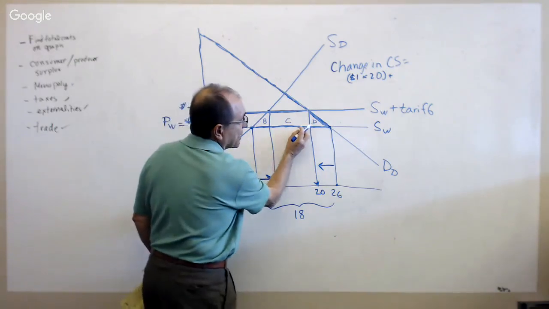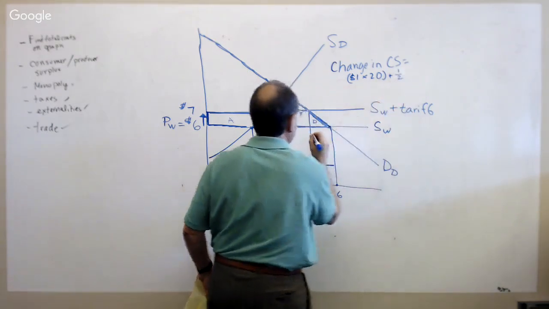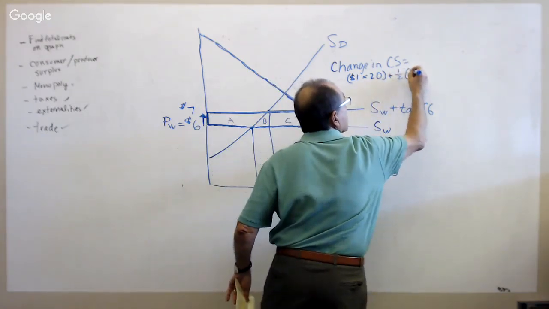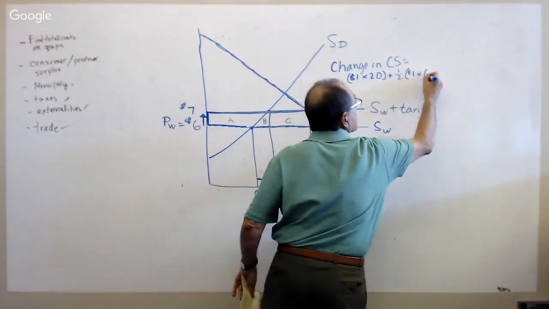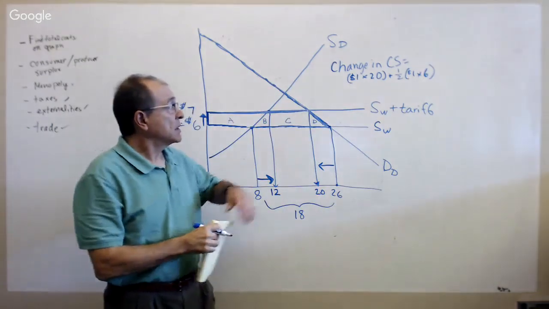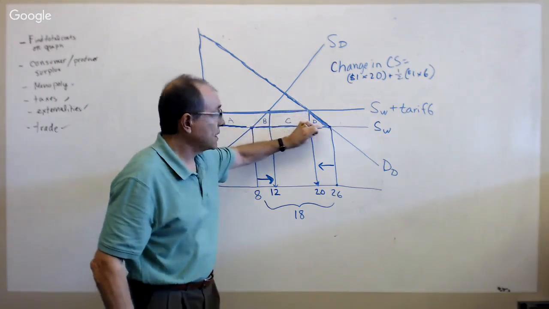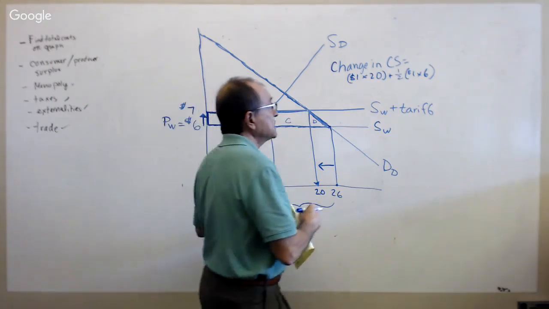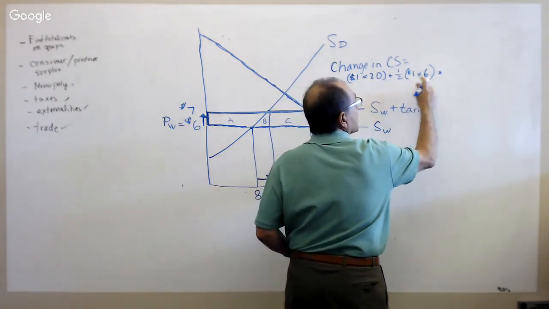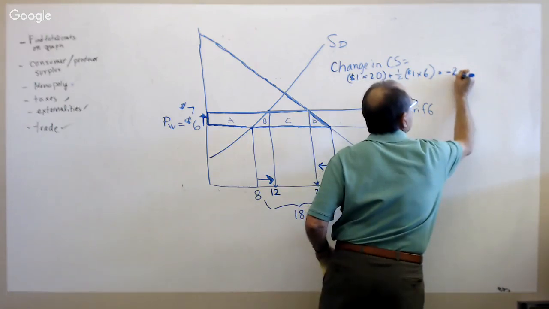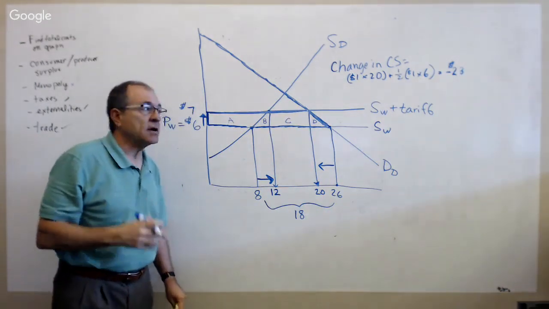Well, they've also lost area D. And to calculate that, since it's a triangle, it's 1/2 the height, which is $1, times the width, which is 6 units. So this formula here represents this entire area but in dollars. And in this case we can say this is 20 plus 3, so there's been a minus $23 loss of consumer surplus as a consequence of the tariff.